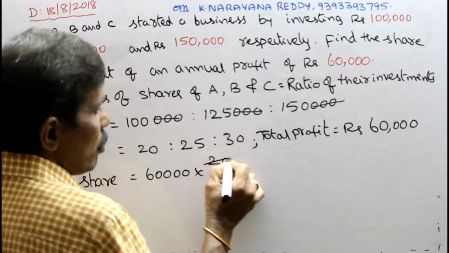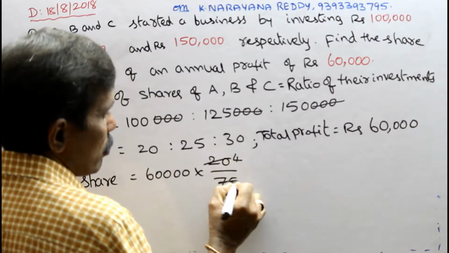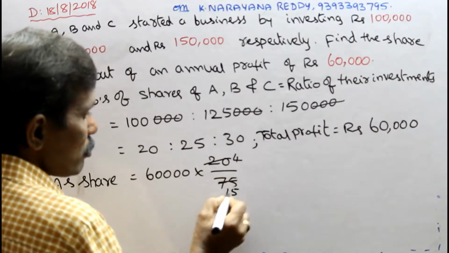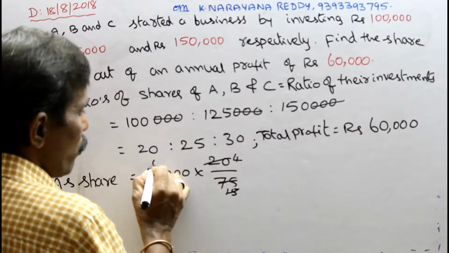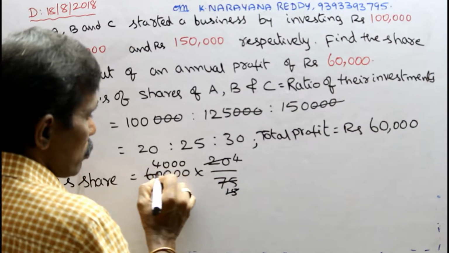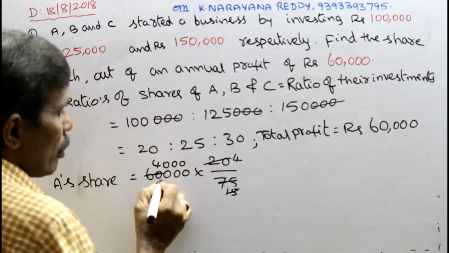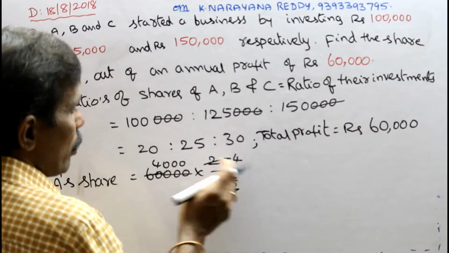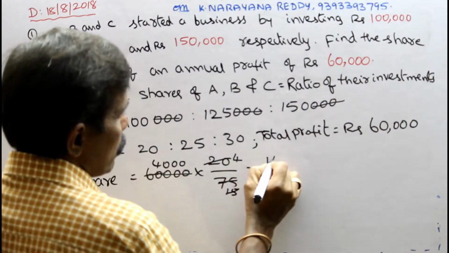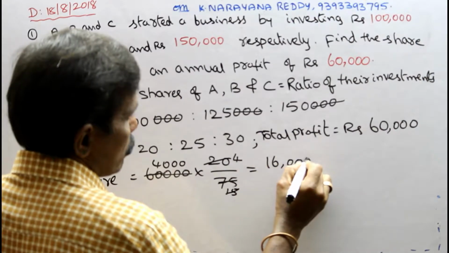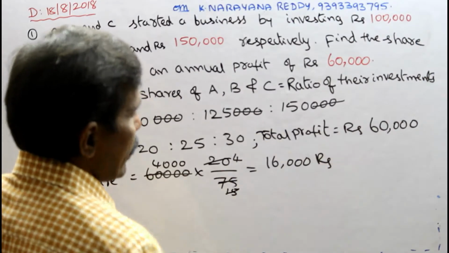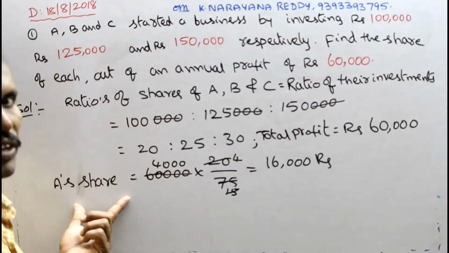Divide this: 5 fours are 20, 5 fifteens are 75, 15 ones are 15, 15 fours are 60, with zeros. So multiplying 4 by 4 gives 16,000 rupees. That is A's share.